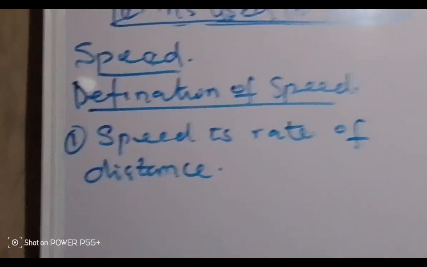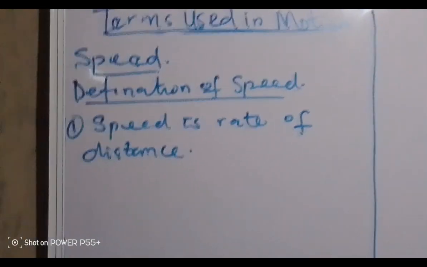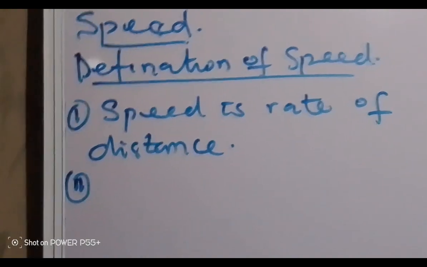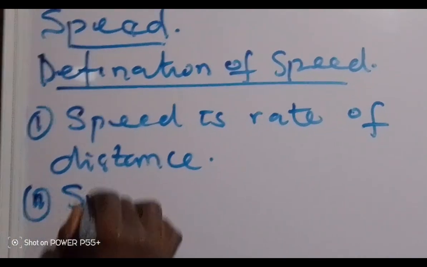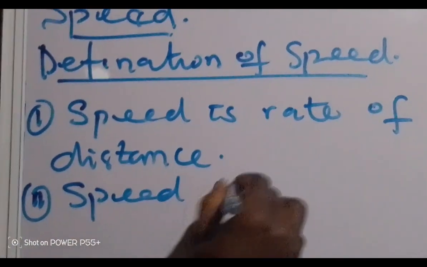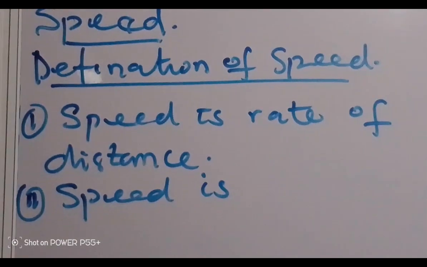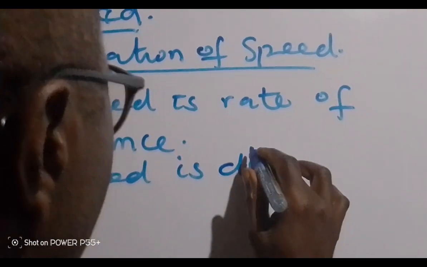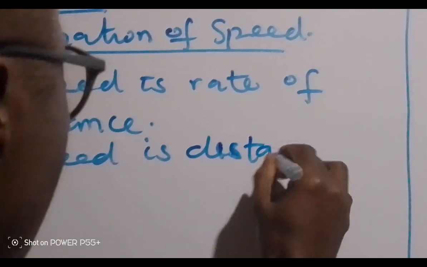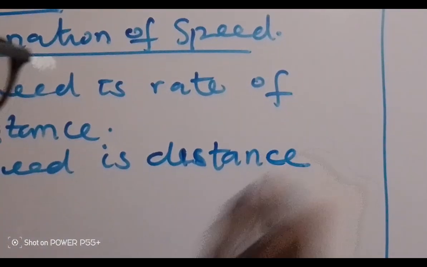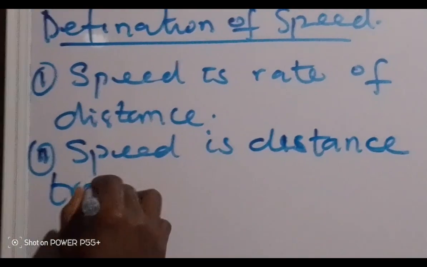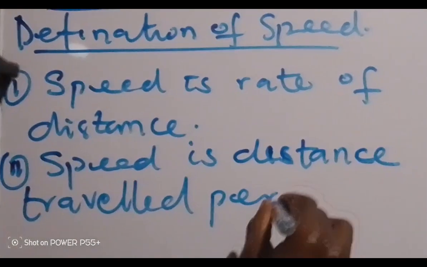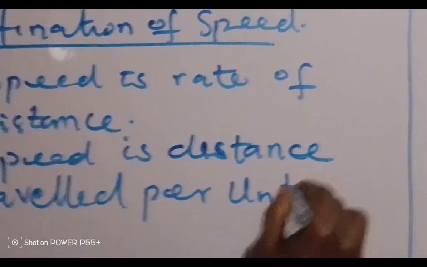That's number one definition. Another one, number two, speed is distance traveled per unit time.